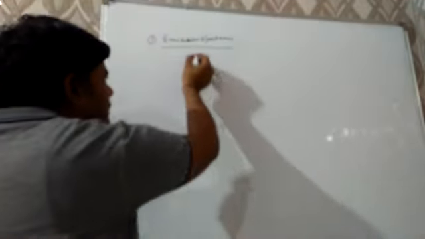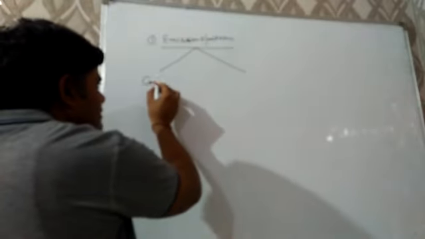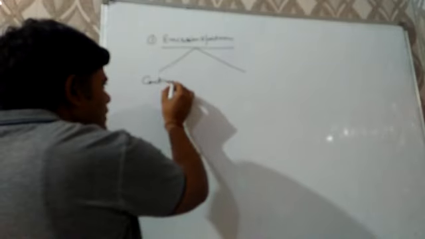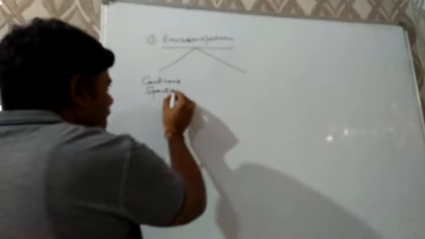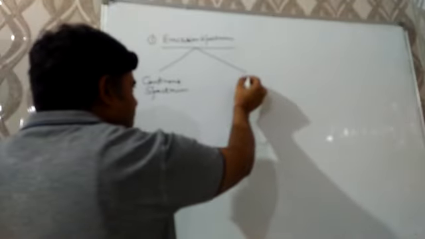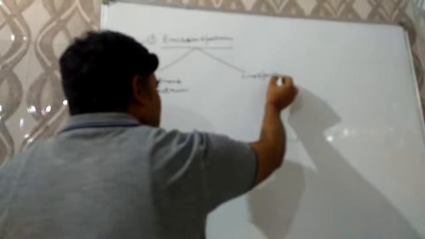That spectrum is known as emission spectrum. And this type of spectrum can be of further 2 types. One is known as continuous spectrum, and the second one is known as line spectrum.